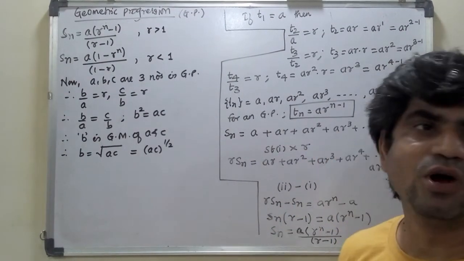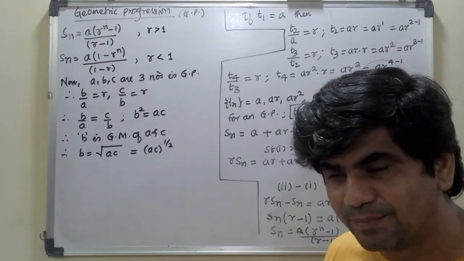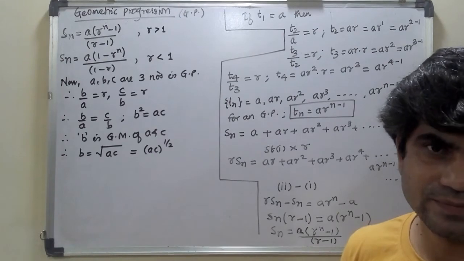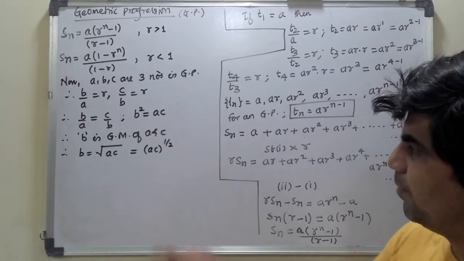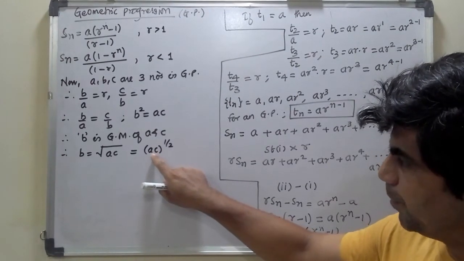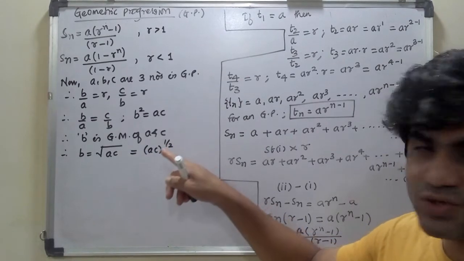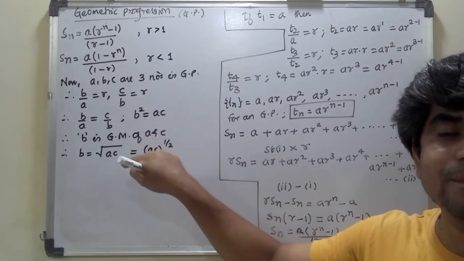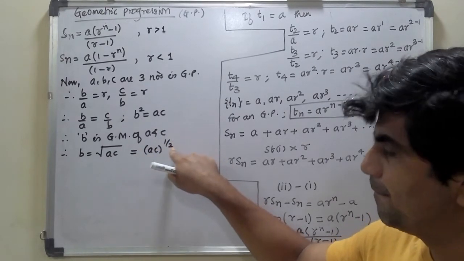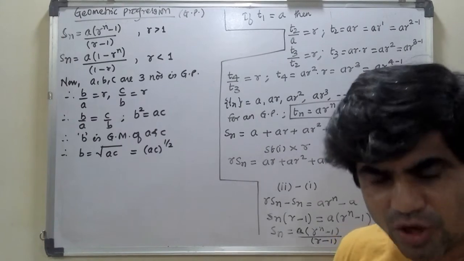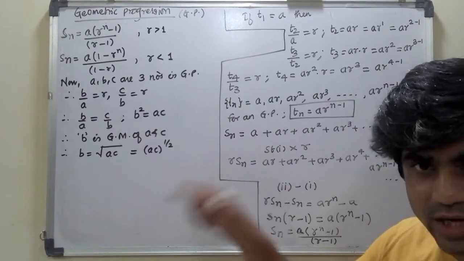If there are 4 numbers, 5 numbers, 6 numbers, 7 numbers, then what will be the geometric mean? The geometric mean will be the product of whatever numbers are there, raised to the nth root. If there are n numbers, then the geometric mean is the product of those numbers.